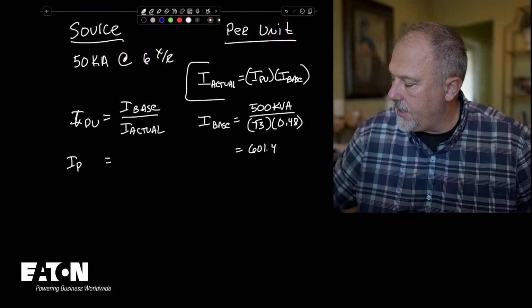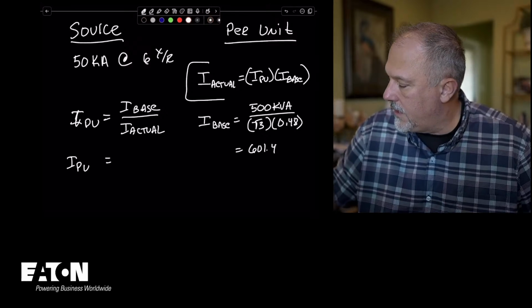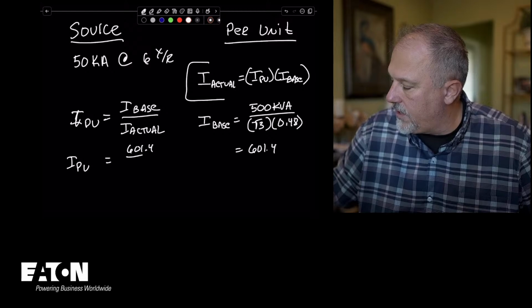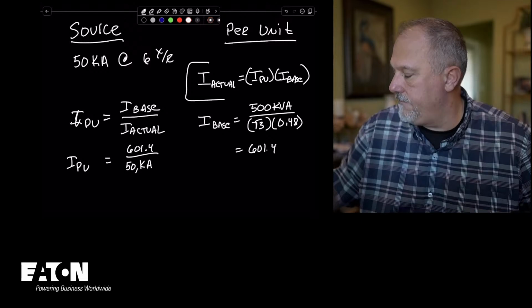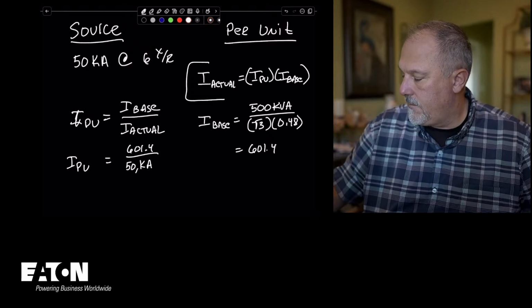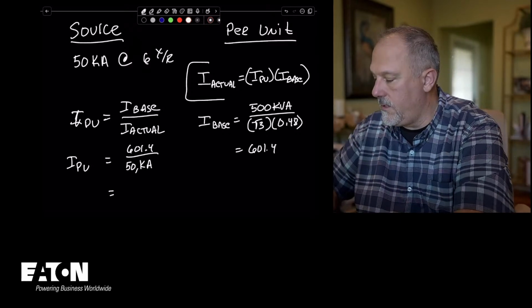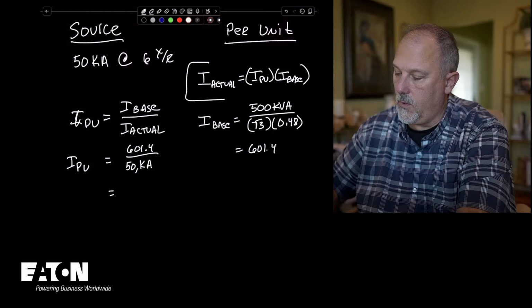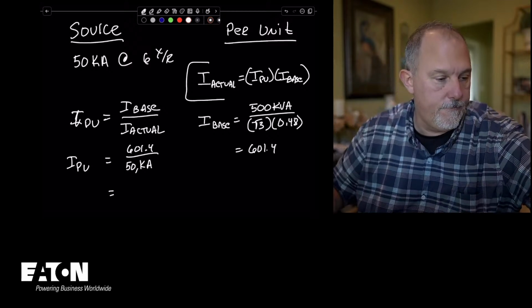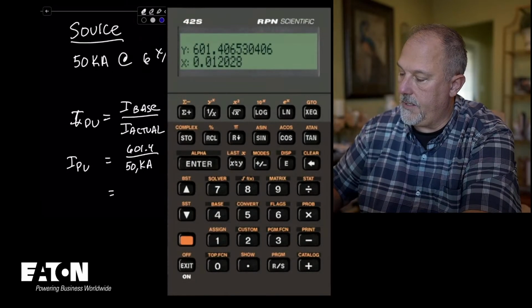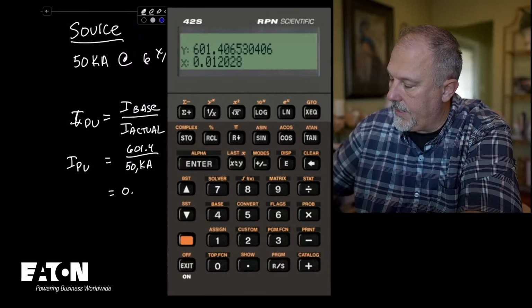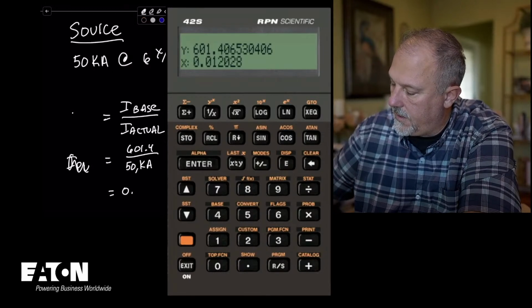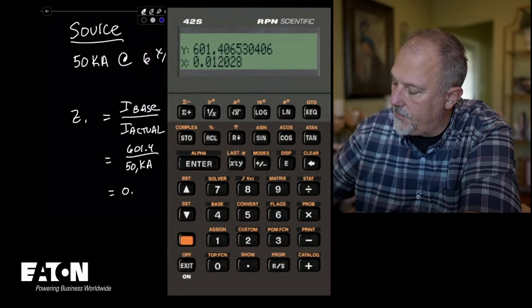So I per unit is equal to 601.4 divided by 50,000 amps, 50 kA. That is 601.4 divided by 50,000. And that's actually Z per unit.